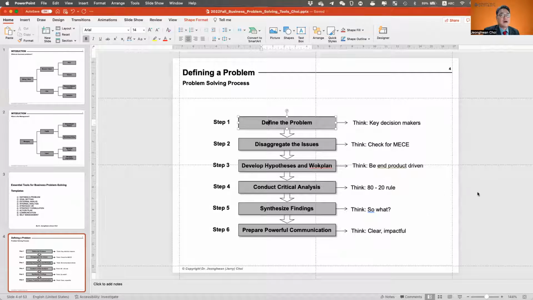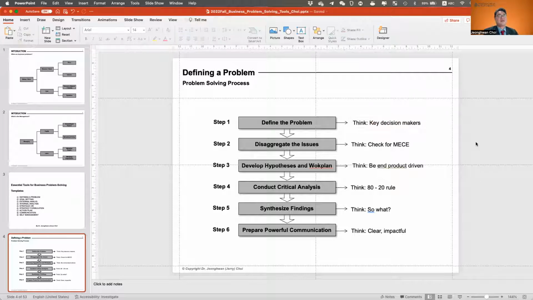When we define the problem, we must think of the key decision makers. Who are you working for? Who is your salary payer? Who gives you money? When you define a problem, you must think of who you are serving.